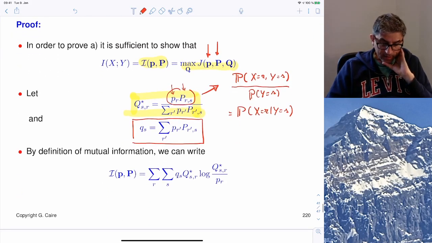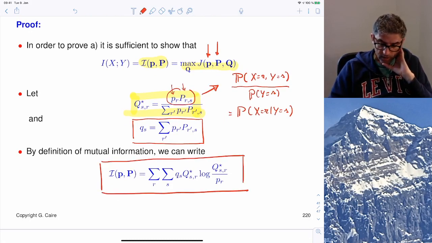And then it turns out that by definition of the mutual information, this can also be written in this way, because this is the joint distribution, and this is Px given y, and this is Py, and this is simply Px comma y. So that's another way of writing the mutual information.